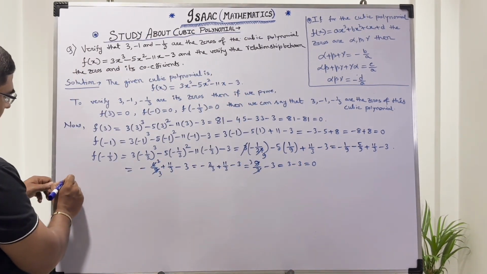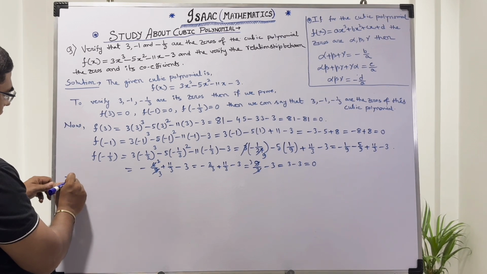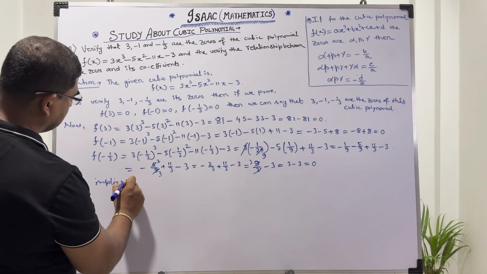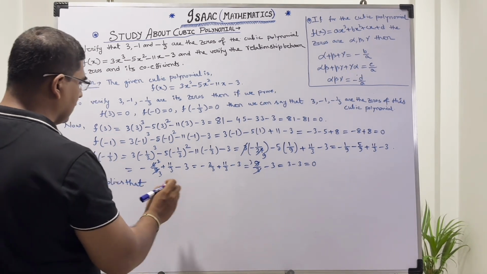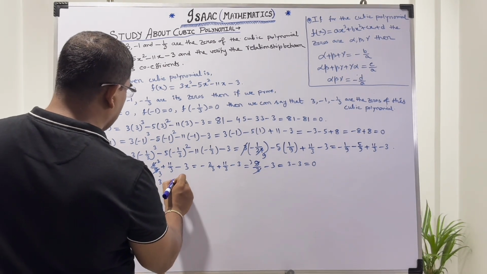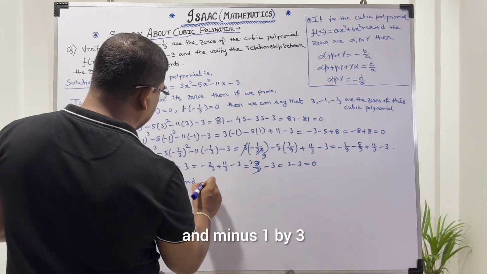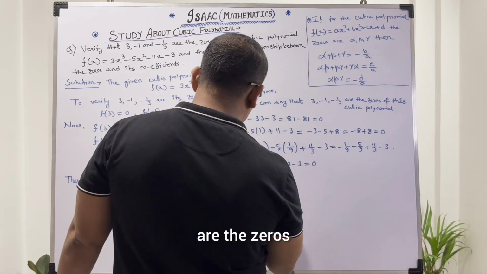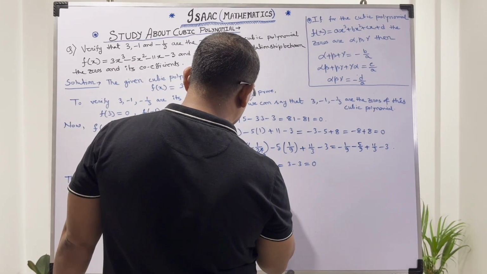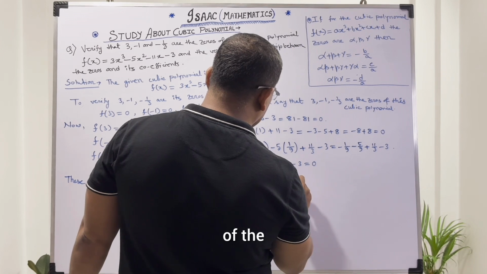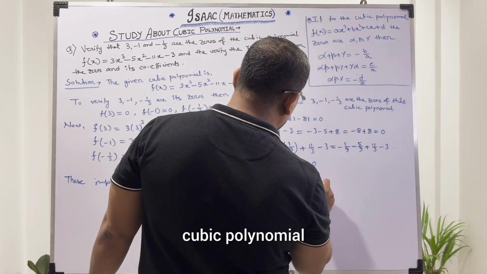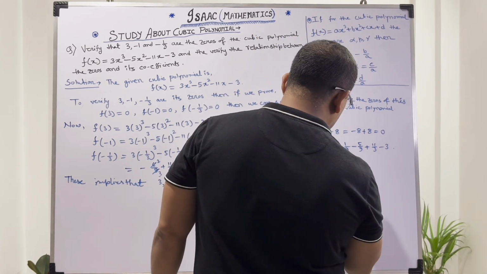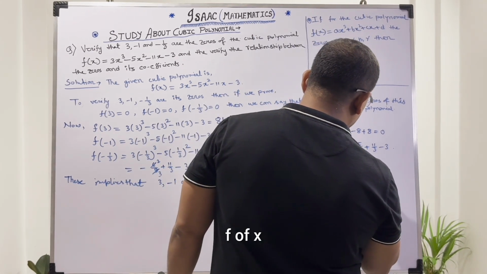So this implies that 3, minus 1 and minus 1 by 3 are the zeros of the cubic polynomial f of x.